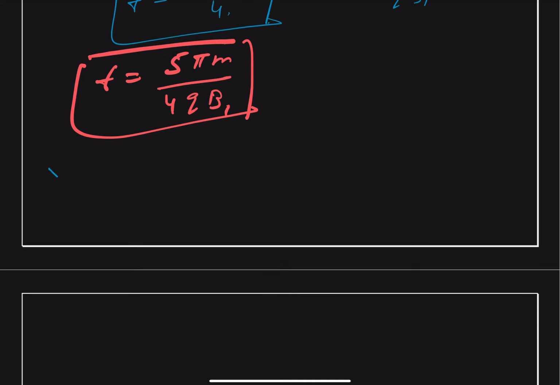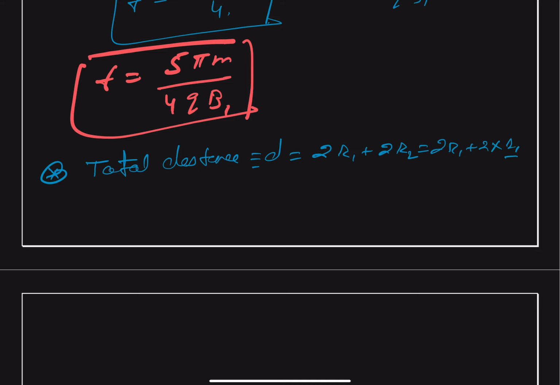Next is our total distance. Total distance, let us suppose as d. So this d will be equal to twice r1 plus twice r2. We already know the relationship between r1 and r2. So this gives us twice r1 plus twice into r1 by 4.